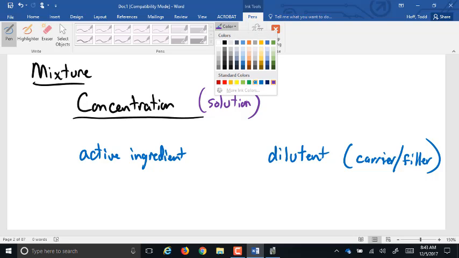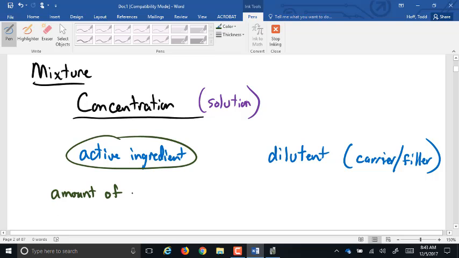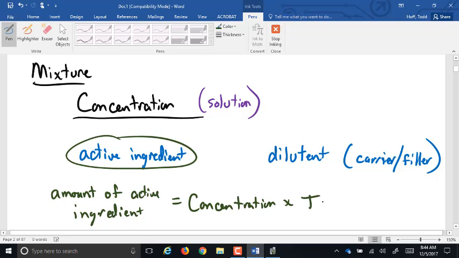So the amount of that active ingredient is equal to the concentration times the total amount.